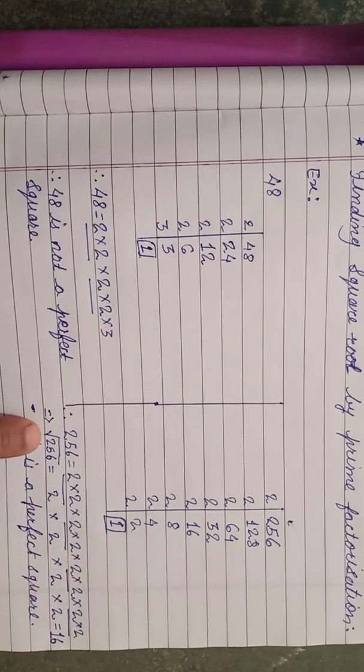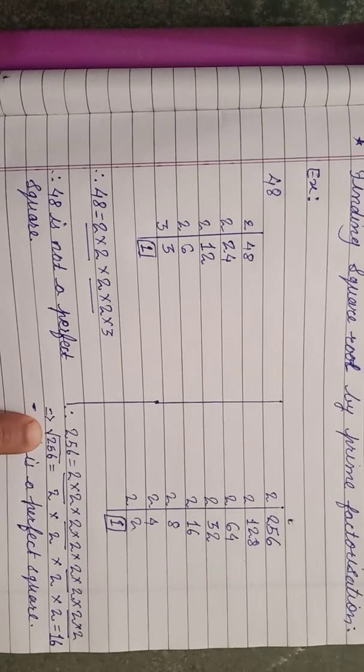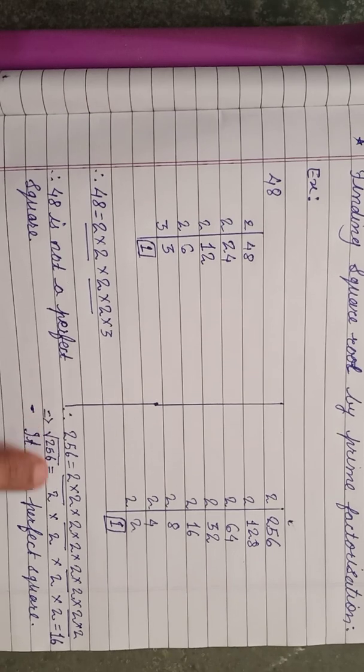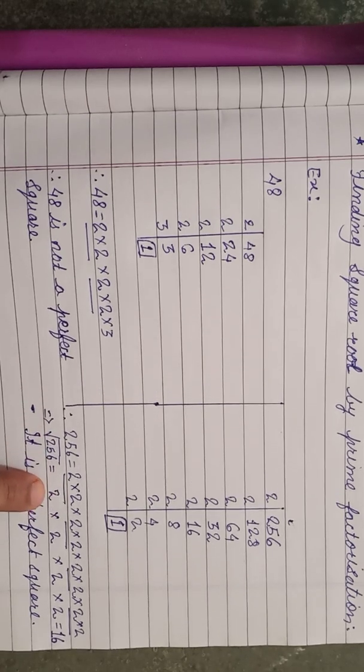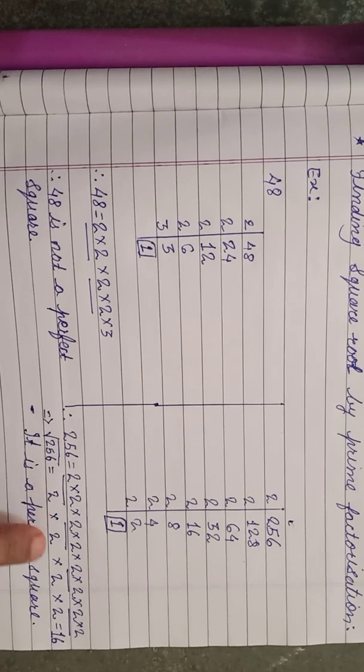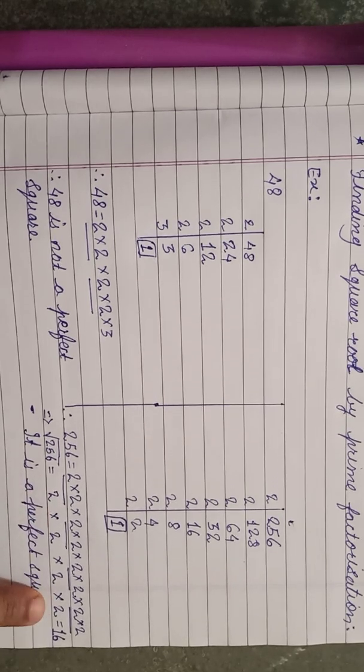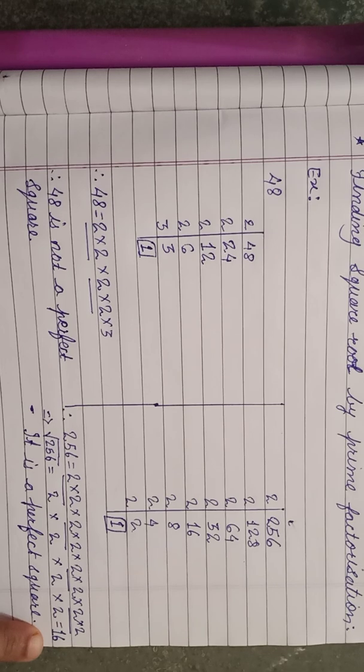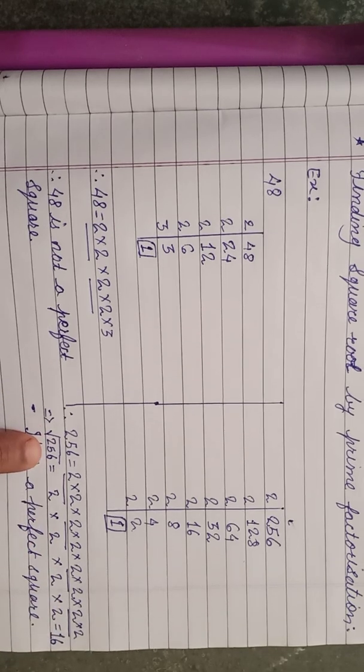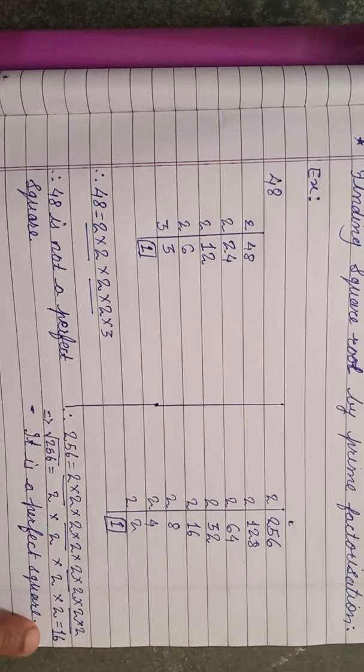But when we want to find the square root of the number, that is, when I have written the number under the square root sign, at that time I have taken one factor for each pair. And you can see 2 into 2 into 2 into 2 is 16. It means that the square root of 256 is 16.